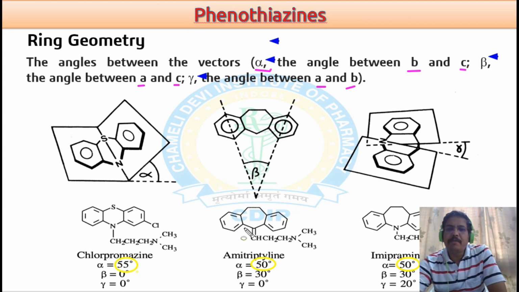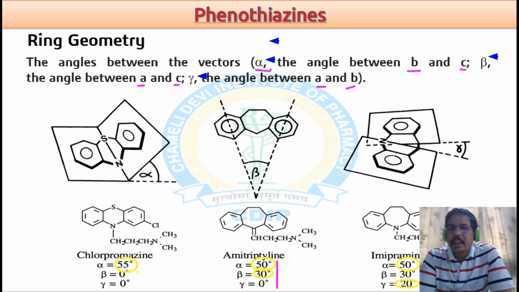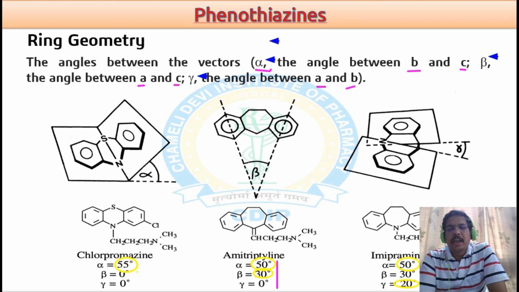So the angle here is 30 degrees, and the gamma angle is 20 degrees. So this geometry is also crucial for the binding pattern of the tricyclic ring system with the receptor.